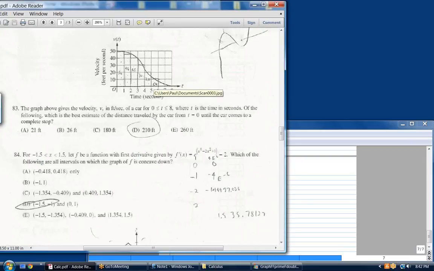So 196 is what we get when we use a right rectangle method, which underestimates it there, underestimates it there, underestimates it there, and overestimates it slightly there. But still, 196 is almost exactly halfway in between 180 and 210.